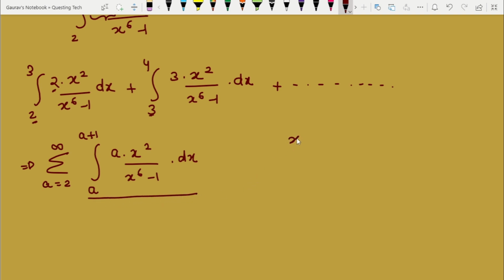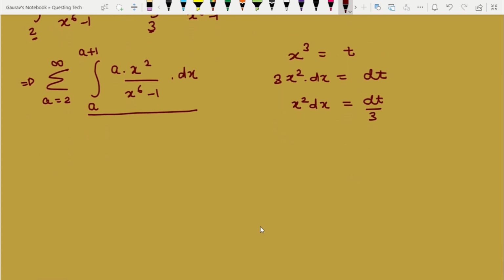So first we are going to substitute x cube equals t. So we can say 3x square dx equals dt. Then x square dx is going to be dt divided by 3. Simple. Now what we have is summation a equals 2 to infinity, and here from a to a plus 1.